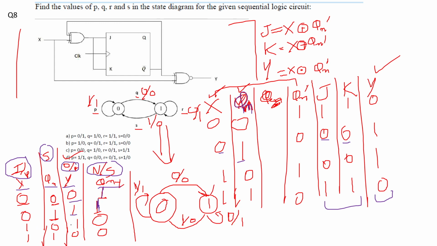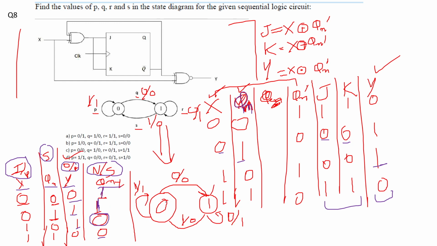Then 1 0, output will be 1, and J and K are 0 0, that means Qn plus 1 will be Qn, so it's 0. Then 1 1, Y equal to 0, J and K are 1 1, so the next state will toggle to Qn complement, so it's 0. So I am getting 1 1 0 0, and Y equal to 0 1 1 0.